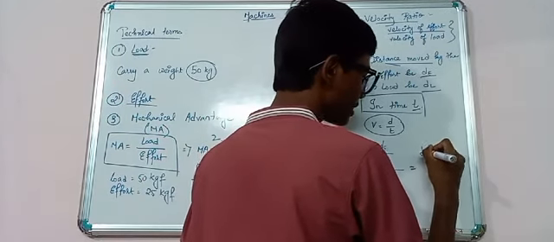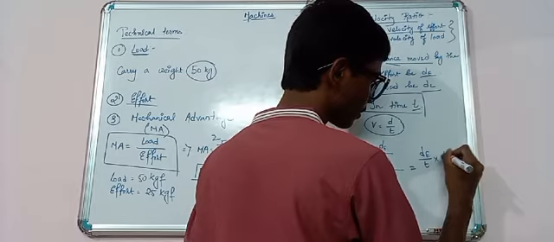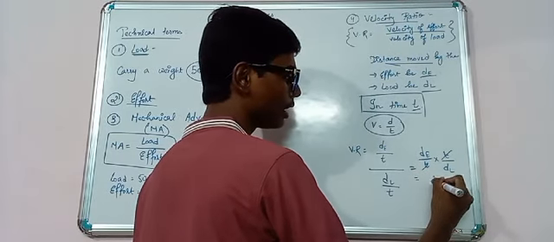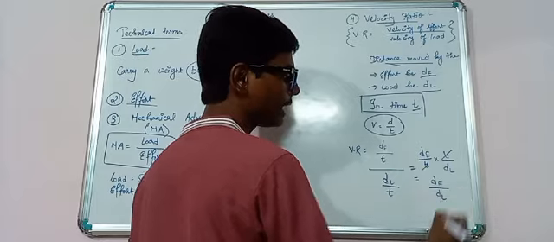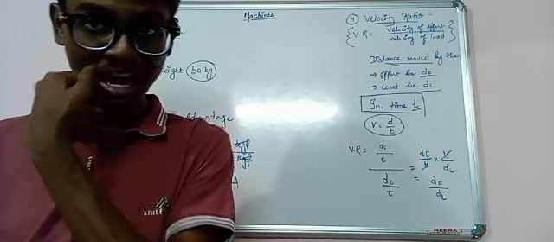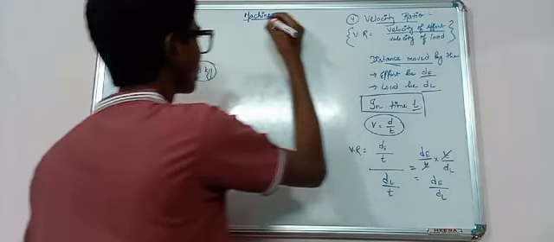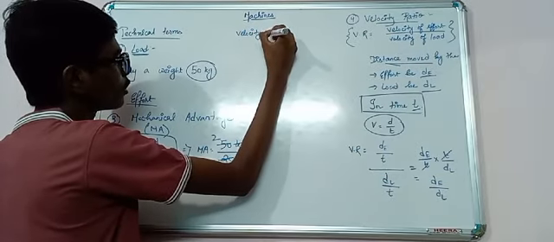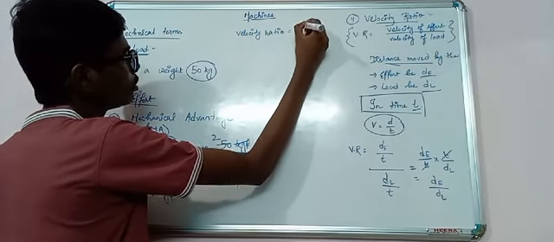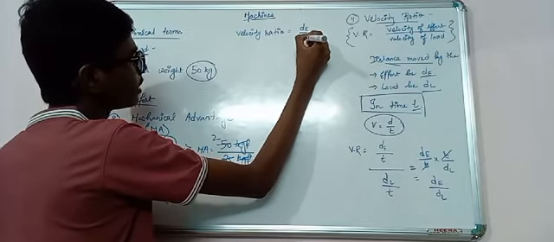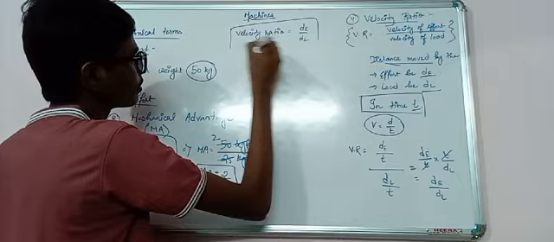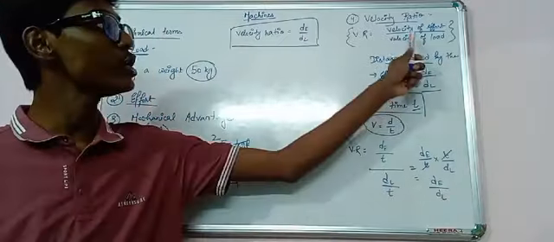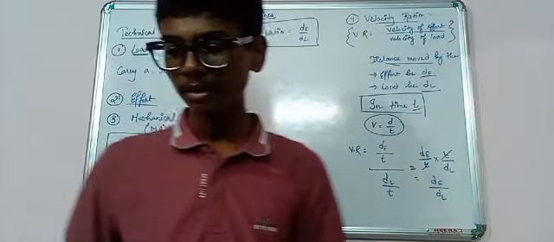Now applying a simple mathematical concept, t and t get cancelled out. The formula comes to be dE by dL. So everywhere, what we are going to use is velocity ratio is equal to dE by dL, and not the earlier form.